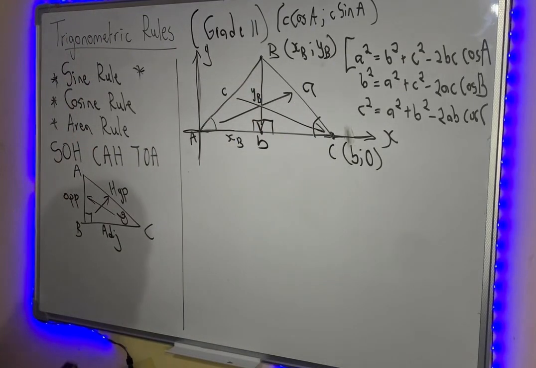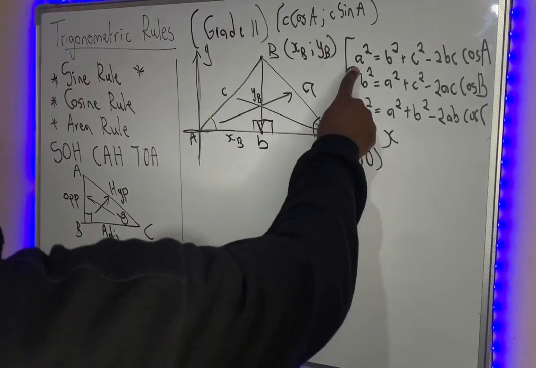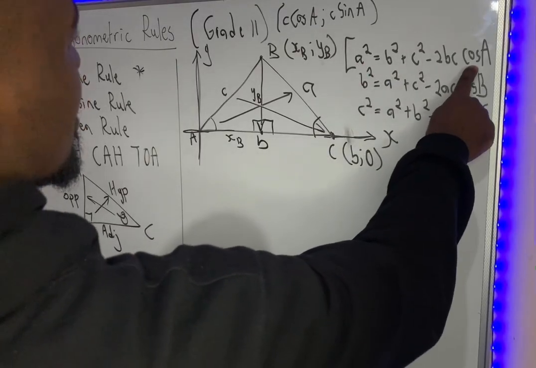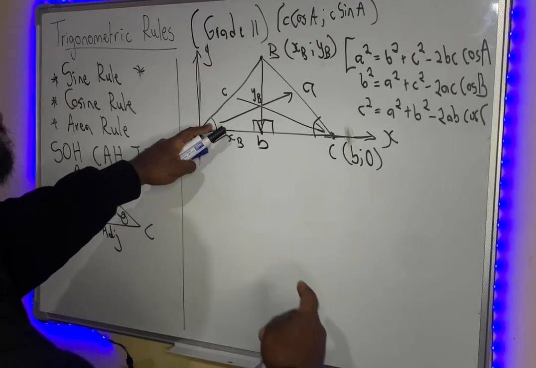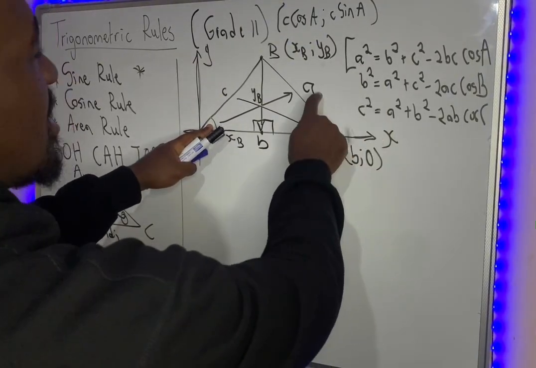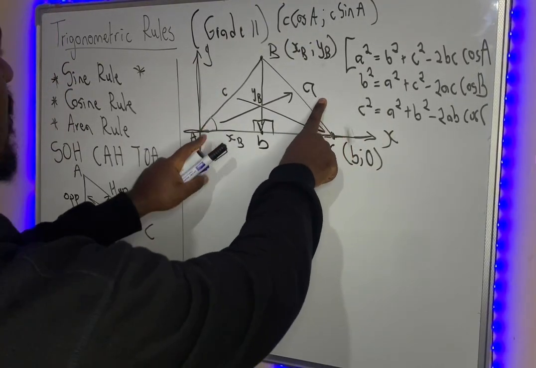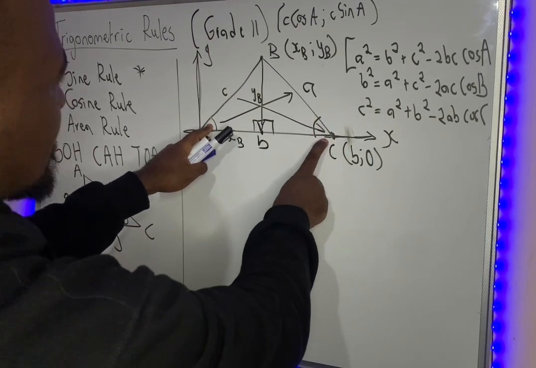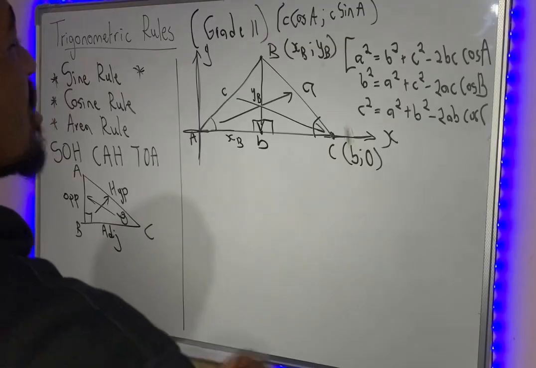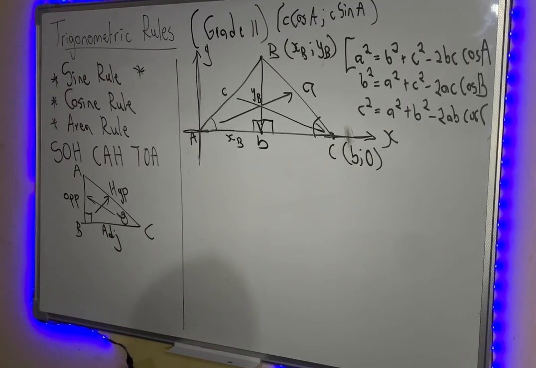Let me show you something here on the rule. The rule says A squared here, and you can simply see here at the end it's cos A. So which simply means if we're dealing with this angle here, the side we're supposed to find is A squared. If we are dealing with A here, the side we're dealing with is here. If we're doing this angle C, the side we must find is C. So that's how the cosine rule works.